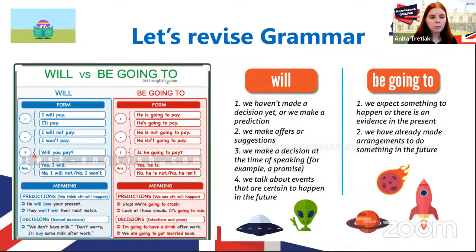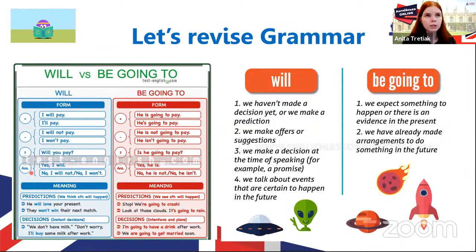We have one more option. These are answers. So answers to the questions if we want to say yes or no. In this case, you just add yes or no. Then you have the subject, I, you, we, he, she, it, and so on. Just anything you need. And after that, you need to use the word will.